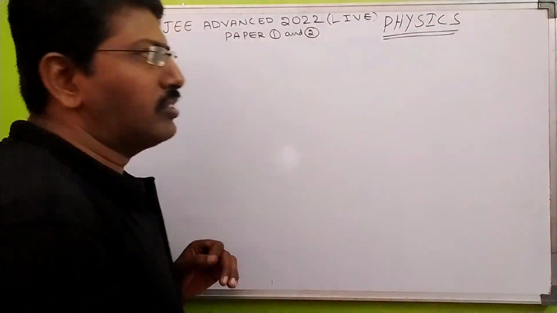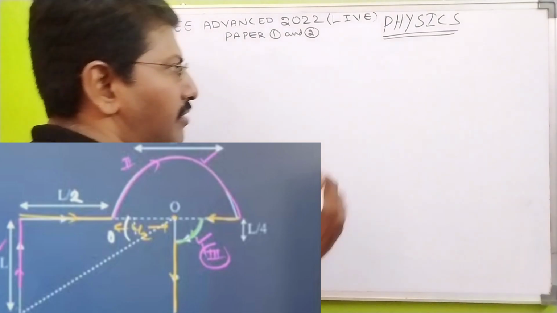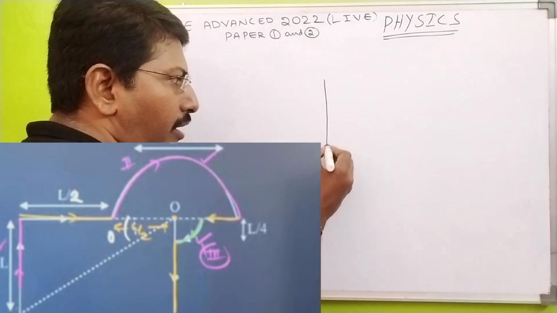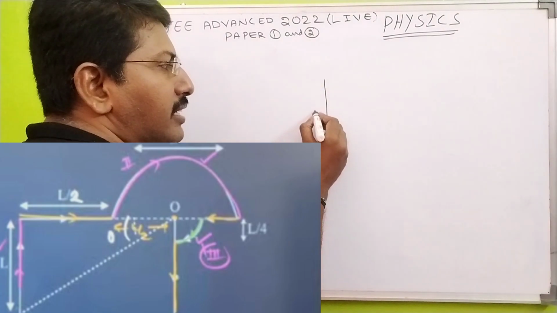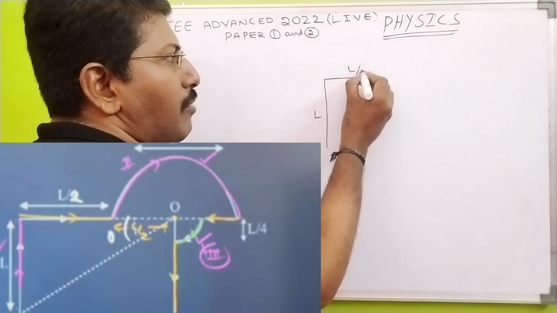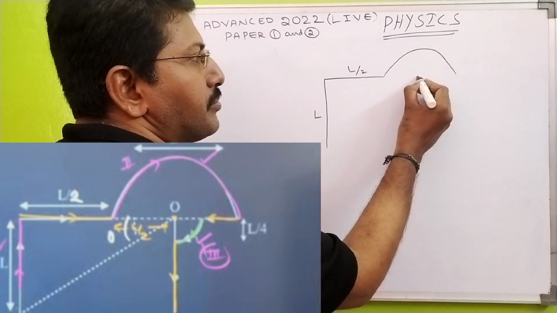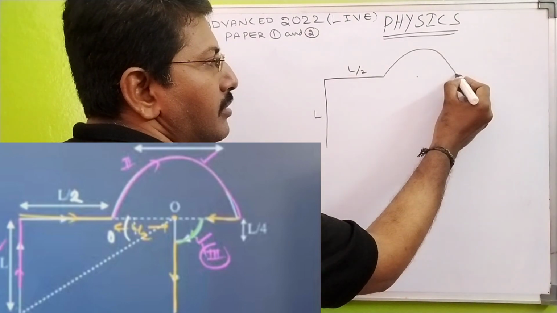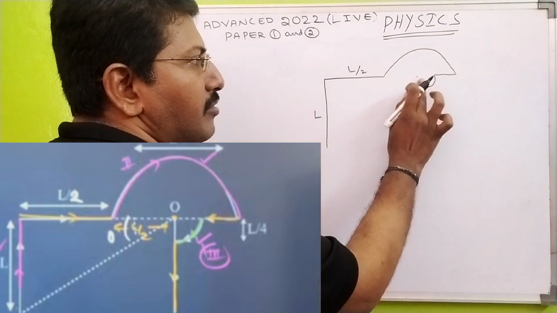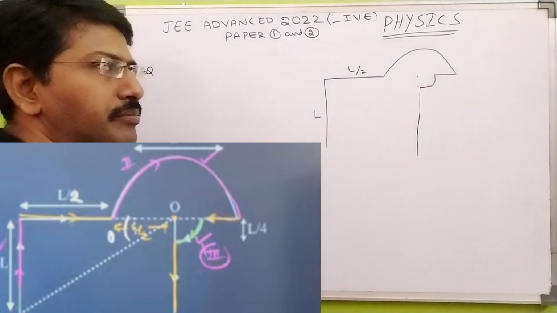See here, one question taken from electrodynamics. What they have given is one straight wire, whose length is given as L, then L by 2, a semicircle, and like this, again it comes back, again it moves like this.